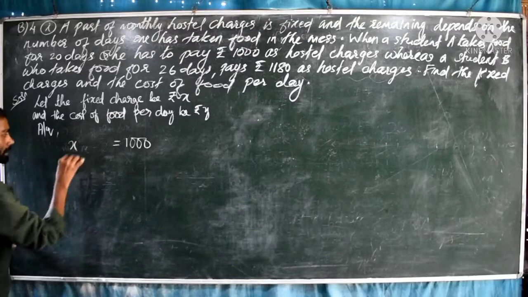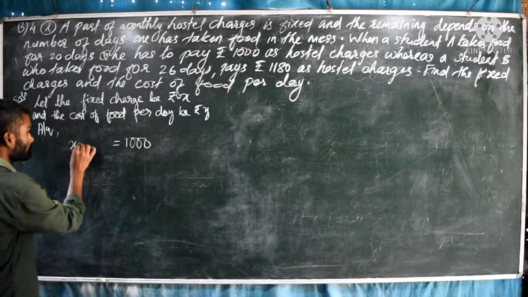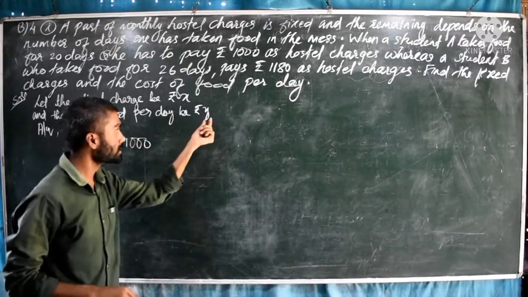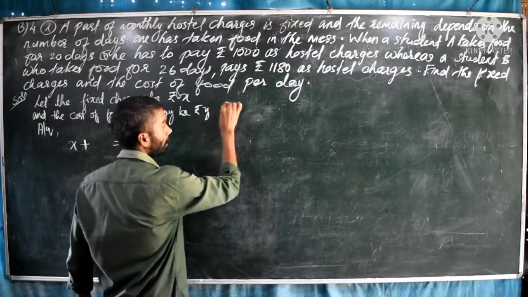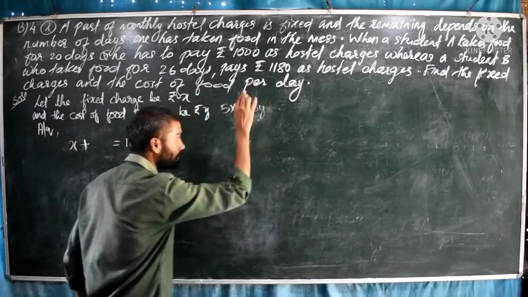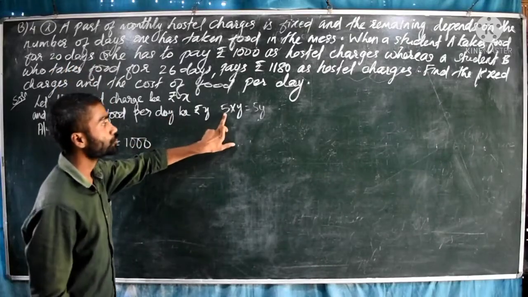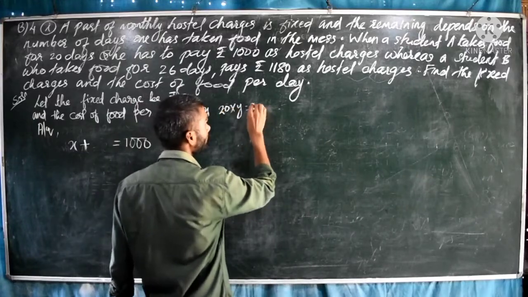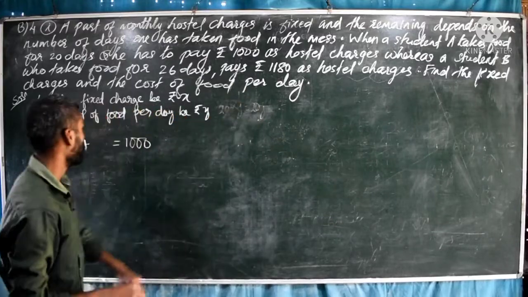So X, that is the fixed charge that she has to pay, plus for one day the cost is Y. Now for 5 days what will be the cost? That will be 5 into Y, that is 5Y. In the same way, for 20 days it will be 20 into Y, that is 20Y. So we will write here 20Y.